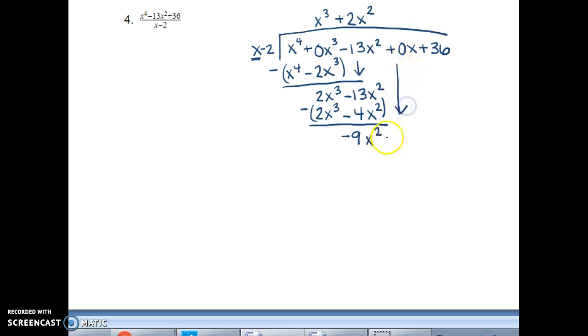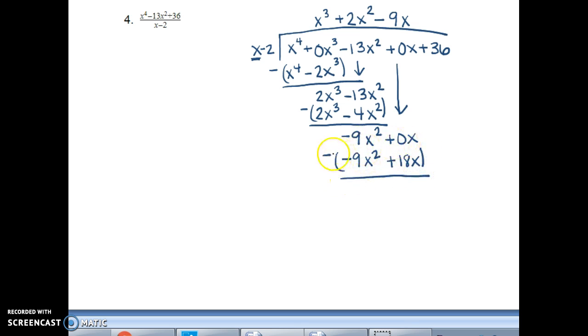Bring down the next term, which is a 0x. How do you make an x become a negative 9x squared? With having a negative 9x. You get a negative 9x squared. Negative 9 times a negative 2 is a positive 18x, and you subtract.